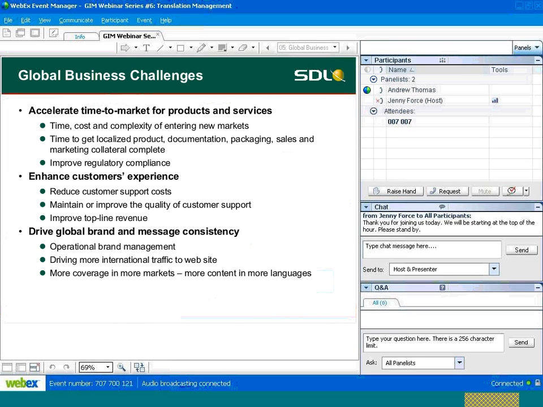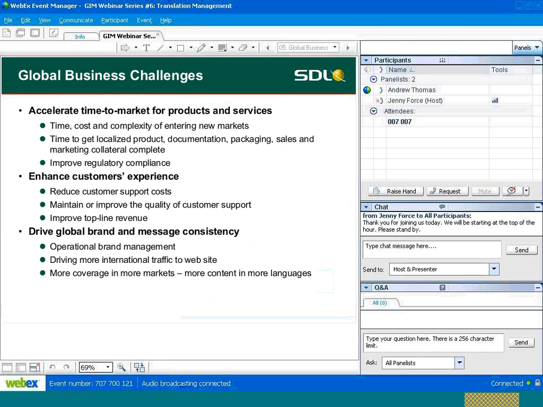So, as we see it, some of the challenges that businesses are facing today are pretty standard challenges, the kind that businesses have known about for a long time when it comes to their domestic market. But they're finally starting to think about these challenges from a global perspective. So, of course, time to market always matters, whether it's a product or a service that you're delivering.